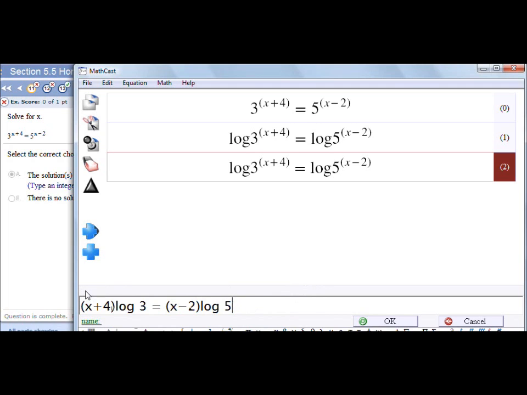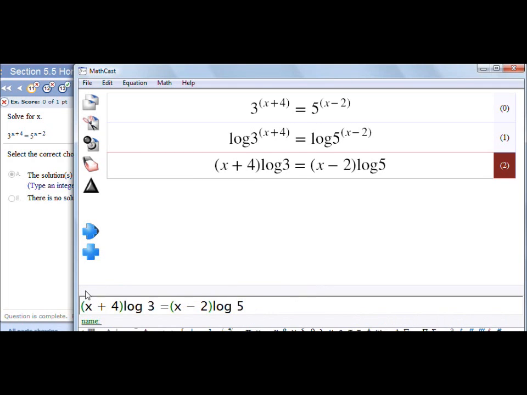Alright. As you can see, the x minus 2 is now in front of the log 5. X plus 4 is in front of log 3.